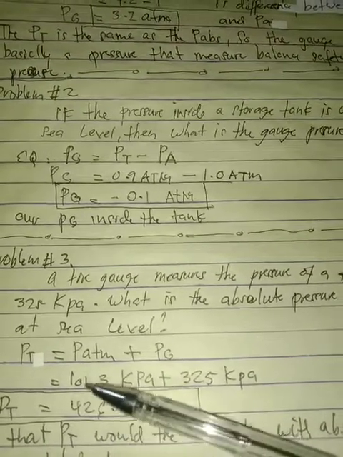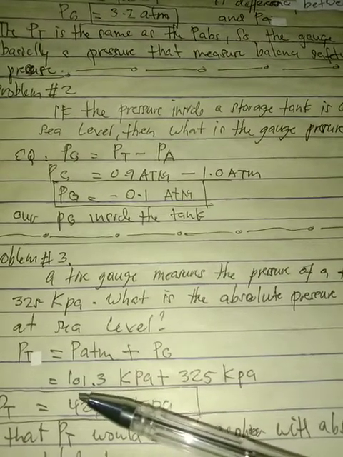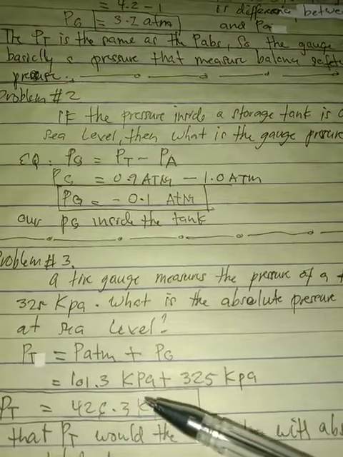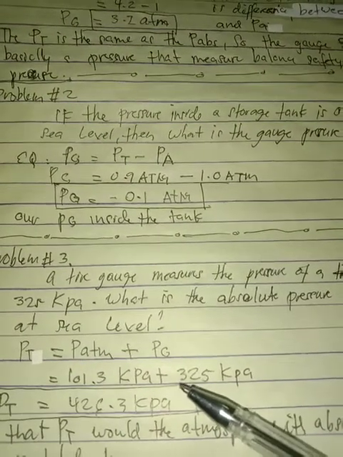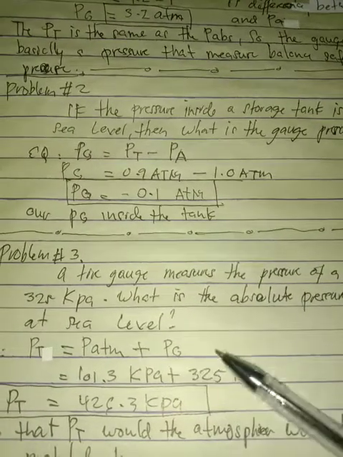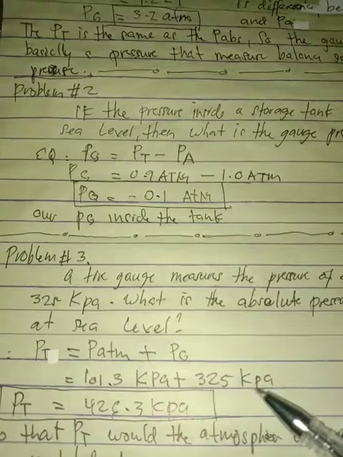So the value of our atmospheric pressure is 101.3 kilopascal, plus 325 kilopascal, our gauge pressure. That is our gauge pressure.